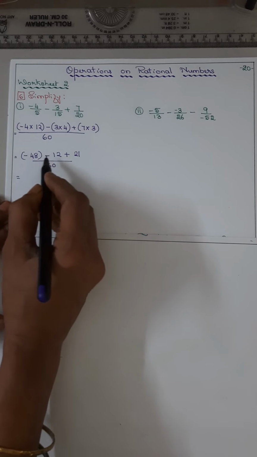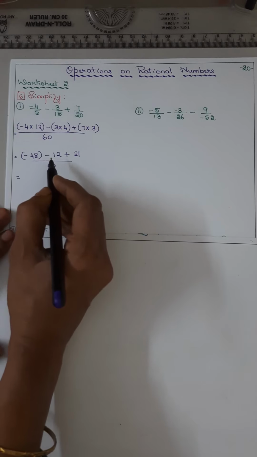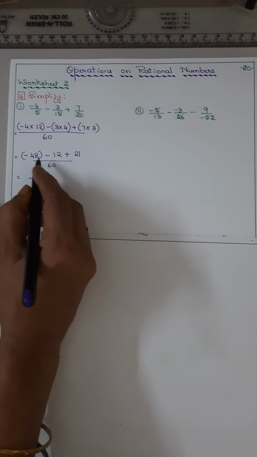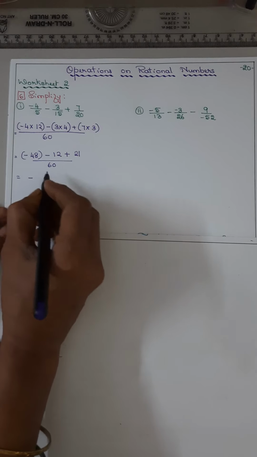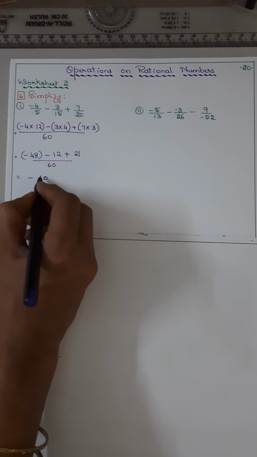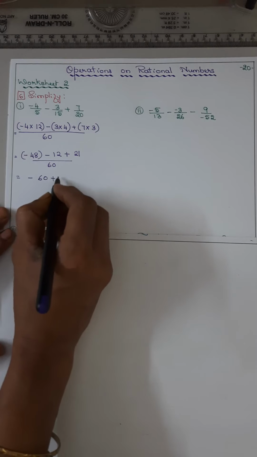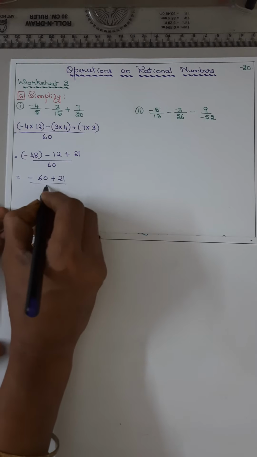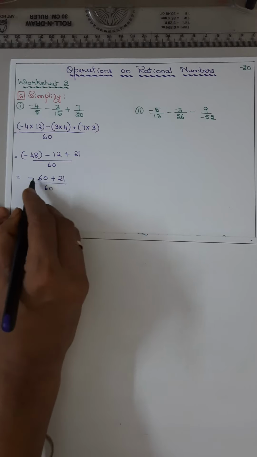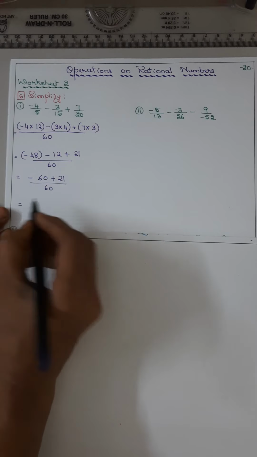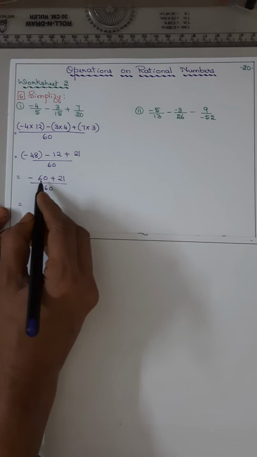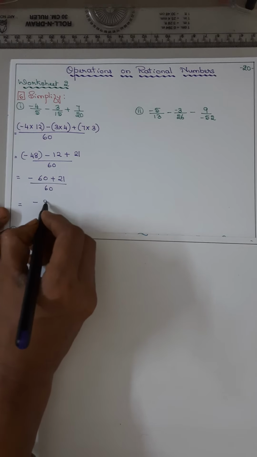Now minus minus, you have to add. So minus 8 plus 2 10, 1 plus 4 5 plus 1 6 plus 21 upon 60. Now the different signs you have to subtract. 60 is bigger, so it has got minus. 10 minus 1 9.